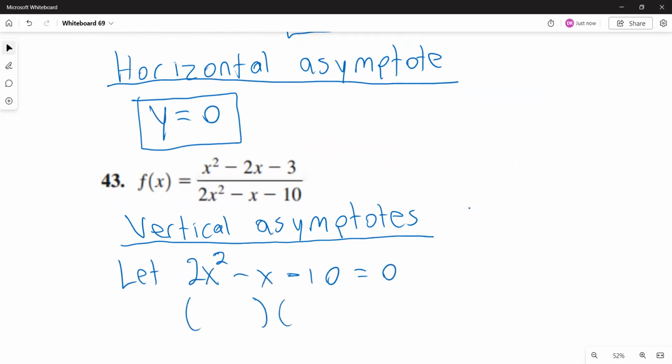We can solve this by factoring. 2x squared factors as 2x and x. Then we want the product of the last terms to be negative 10 and the combination of the middle terms to be negative 1. So we can let the last terms be 5 and 2, and minus 5x plus 4x is going to be negative x.